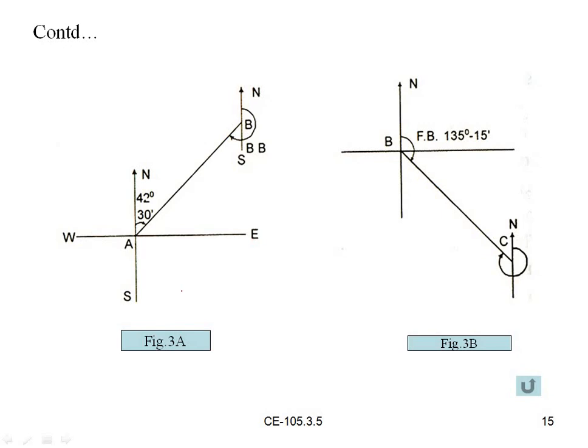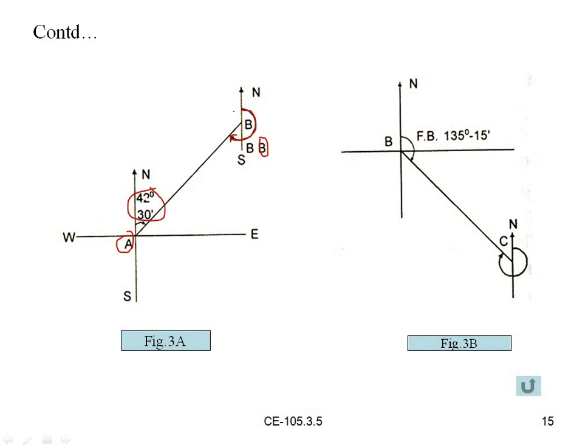And for the next one, you can see the diagram. For the first one, it is given 42 degrees 30 minutes forward bearing, that is from the station point A to B. So it is in the northeast quadrant, first quadrant. This is the forward bearing we have seen. To get the back bearing, we have to add the remaining angle.